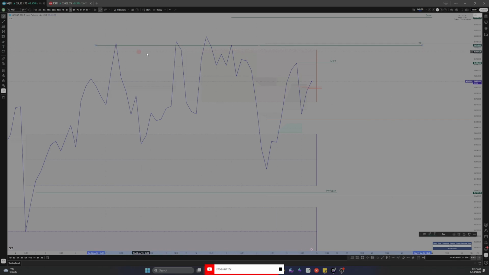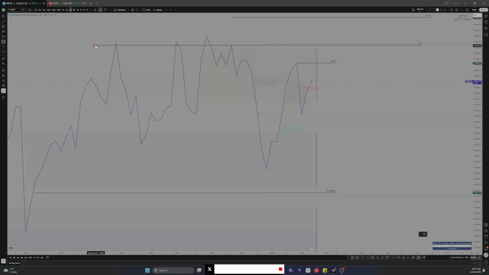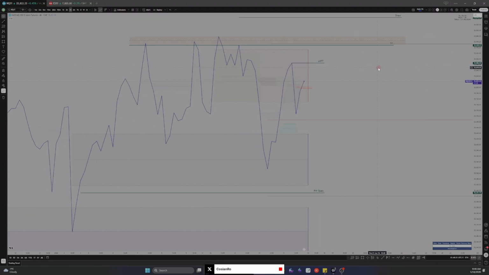And if we look here, that's basically if we would draw a box from these two peaks, what you have here is a resistance area. There you go. Now those are the levels that we need to watch.